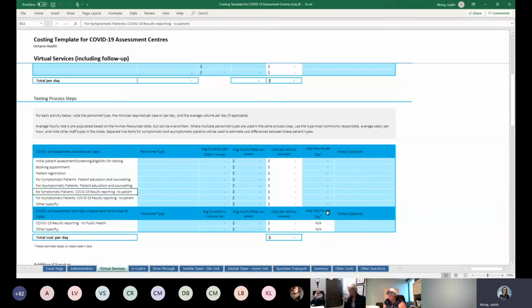And you may need to consult with your colleagues, if you're not directly involved as the person filling out the template in all of these activities. So I just wanted to make it clear, this is not exactly a requirement. What we're trying to get here is as accurate information as possible about your cost structure, cost drivers and reasons for cost variation.